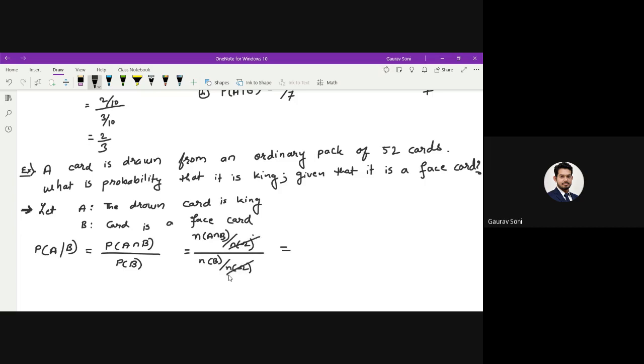Just cancel out, and what we have is number of elements in A intersection B upon number of elements in B. So how many elements do we have in the intersection? 4. And the number of elements in B is 12. So 1 by 3.